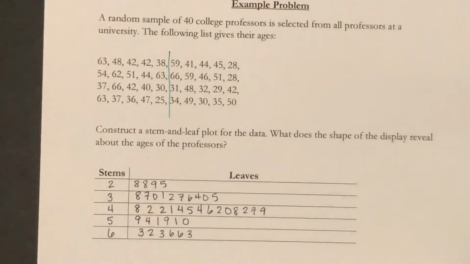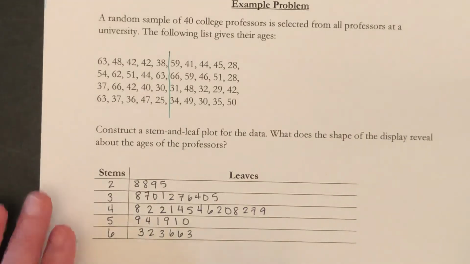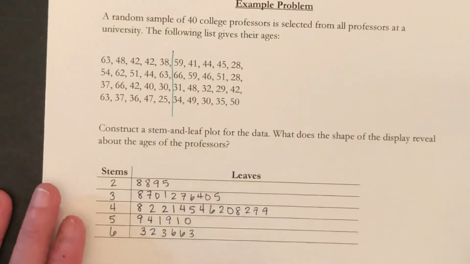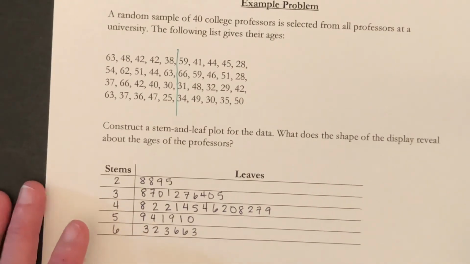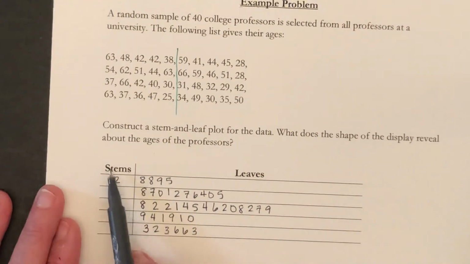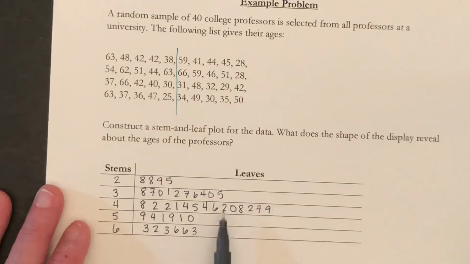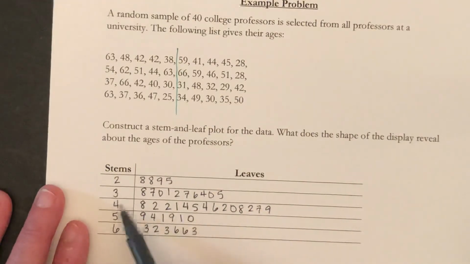Just bite the bullet, write it down, and then organize them. So we're asked to construct the stem and leaf plot, but then what does the shape of the display reveal about it? Well, look right here. This is just a shorthand way of giving us an idea of how many different items we had that started with a 4.